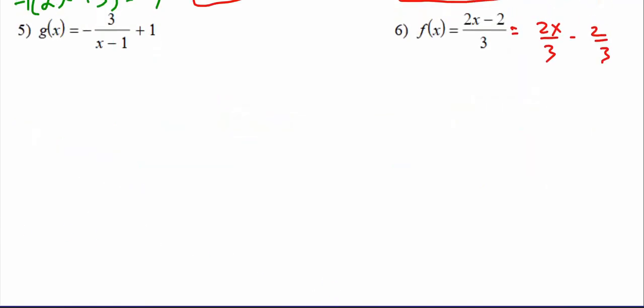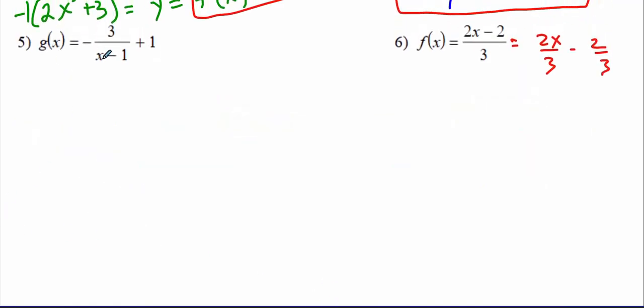So x is going to be out here, equals -3, and this is going to be y minus 1 plus 1. All I did was make this into a y, and then switch my x's and y's. Now we're going to solve for this y.